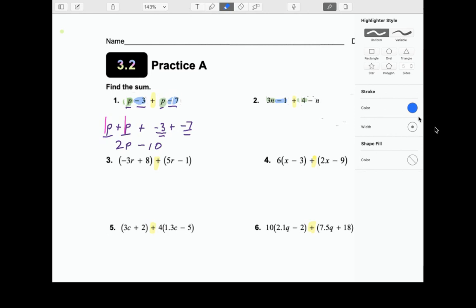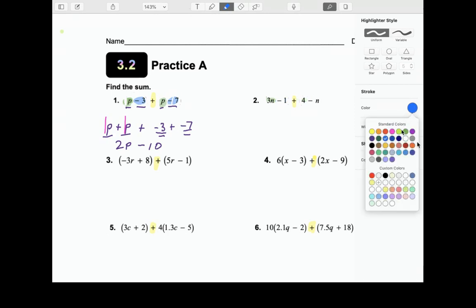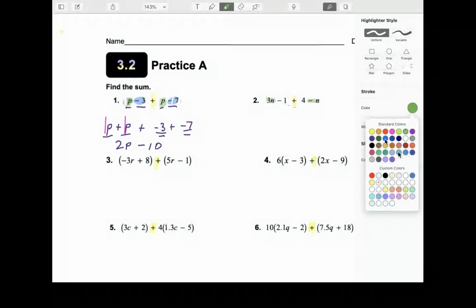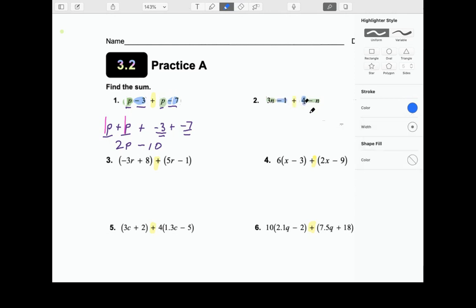Oh, I almost made that mistake. You guys almost let me. Okay, you didn't have anything to do with it. So let me try that again. I'm going to highlight the n's, and the n in this one is in second place here. So I've got 3n and -n, and then my constants are -1 and 4. You've got to be super careful.